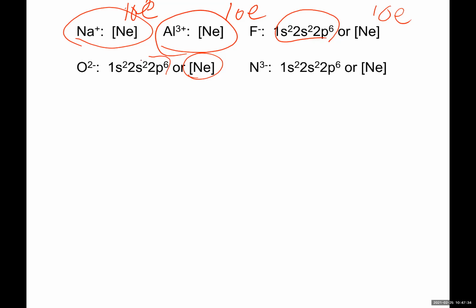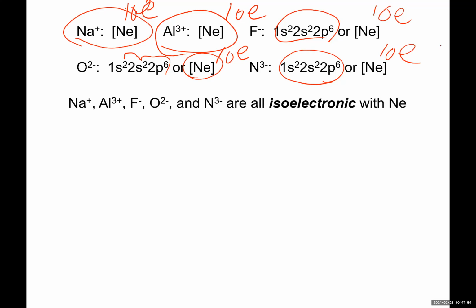It has got 4 plus 2, 8, plus 2, 10 electrons. N-3, the anion of nitrogen, has got 10 electrons. It looks like neon. So we have a name for ions which have the same number of electrons. We call them isoelectronic, and they all have the same number of electrons as a noble gas, neon. So they are isoelectronic with neon.